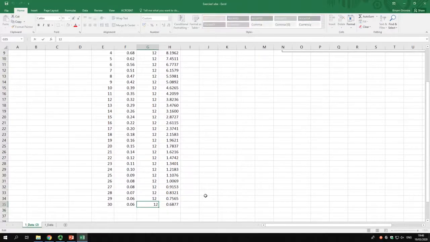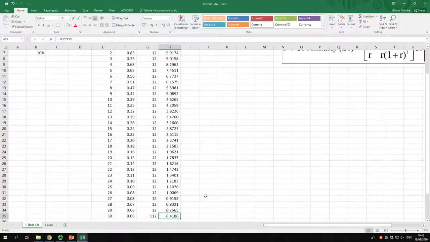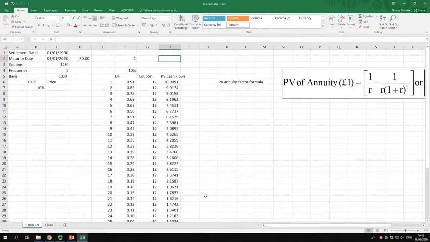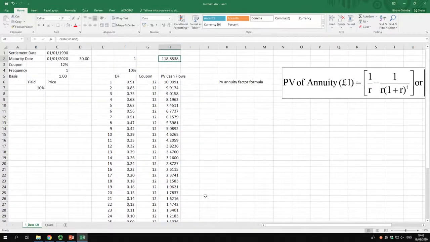So it is the coupon plus the 100. If you add these all together, what you get is the present value of all future cash flows related to the bond. Therefore it is the price of the bond as of now, which is 118.853.